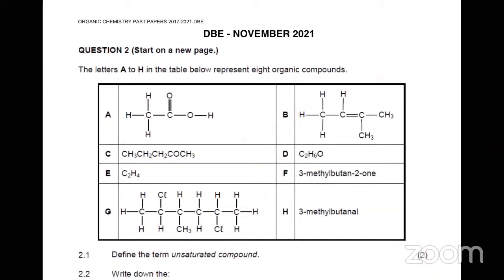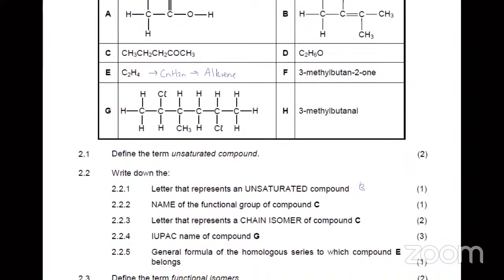Another example could be this, by the way, because this is C2H4. It is basically CnH2n, which is the molecular formula for an alkene. So yes, B or E.